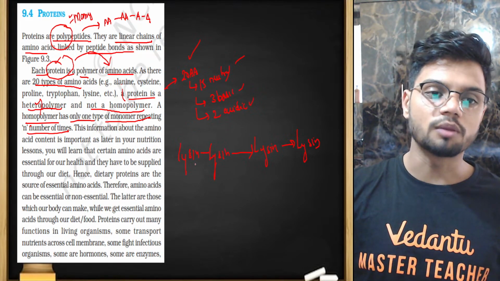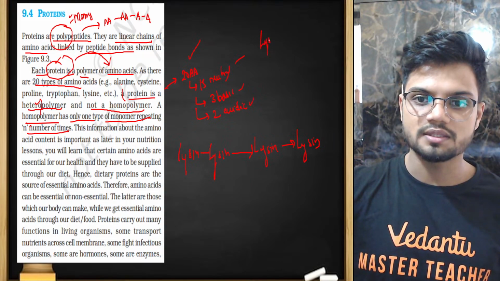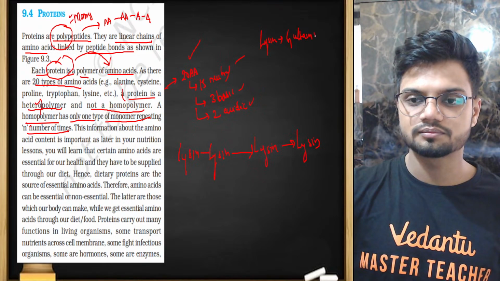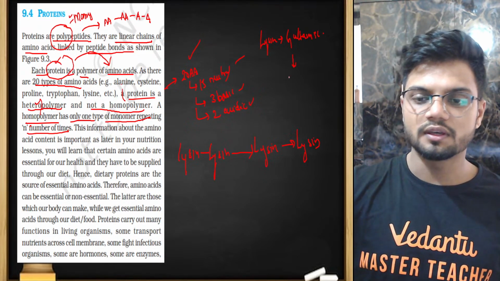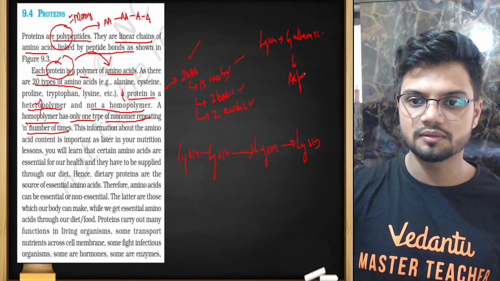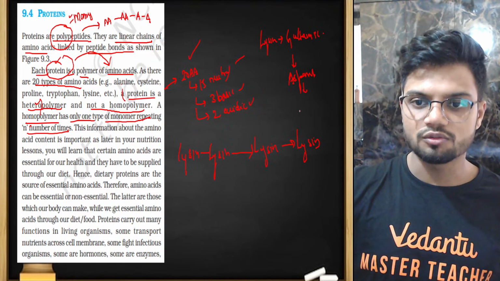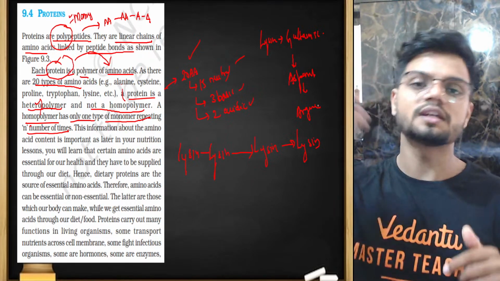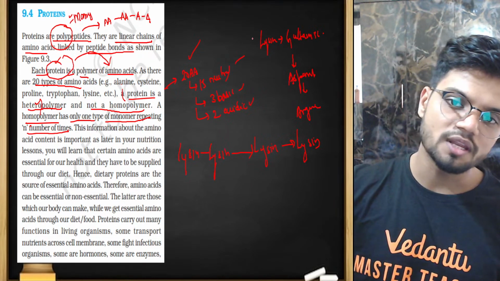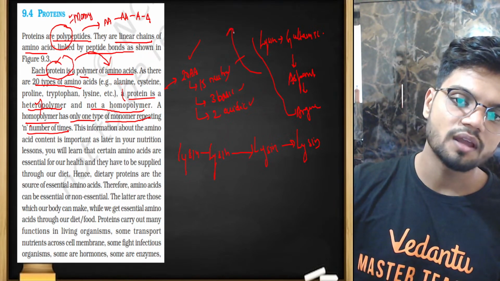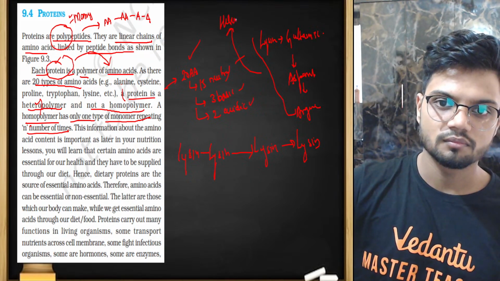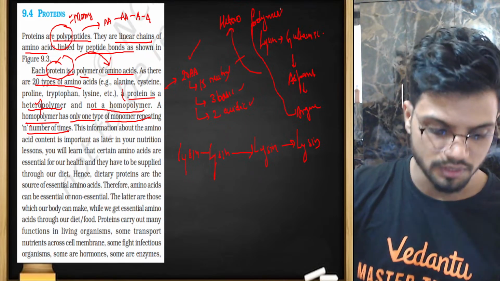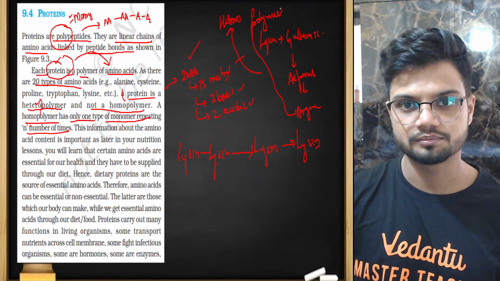A heteropolymer will have lysine first, then glutamic acid, then aspartic acid, then arginine. So basically the amino acids in the chain can differ. When the amino acid chain is different, this is called a heteropolymer.